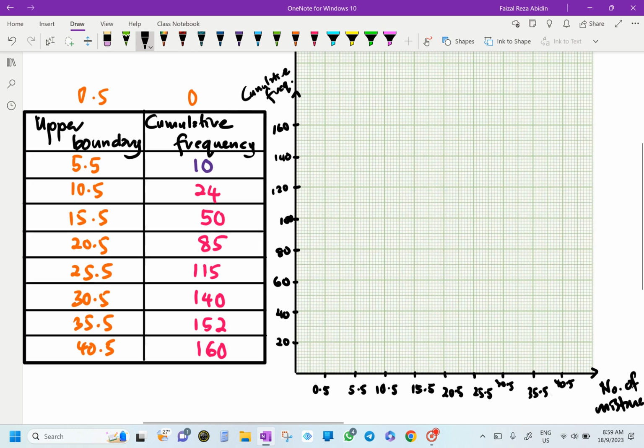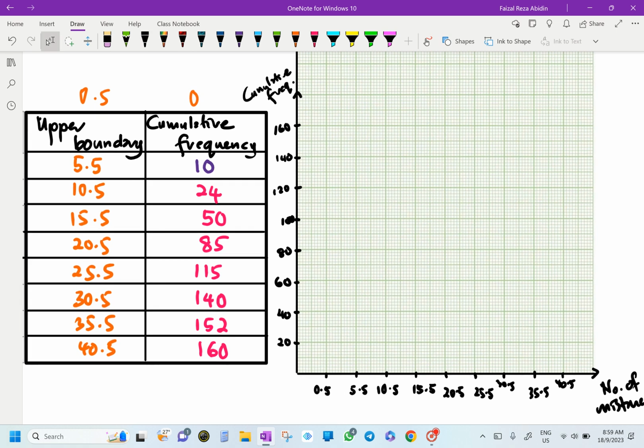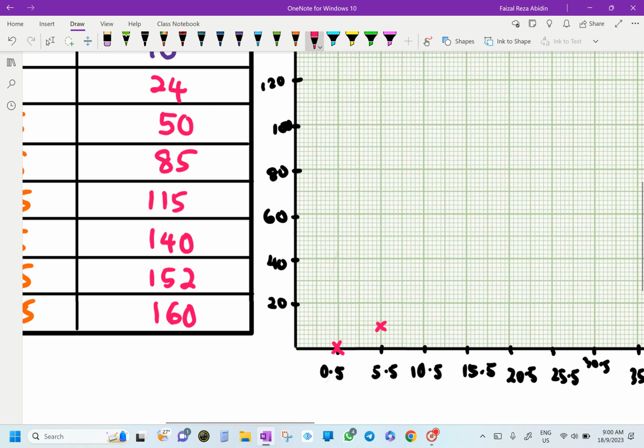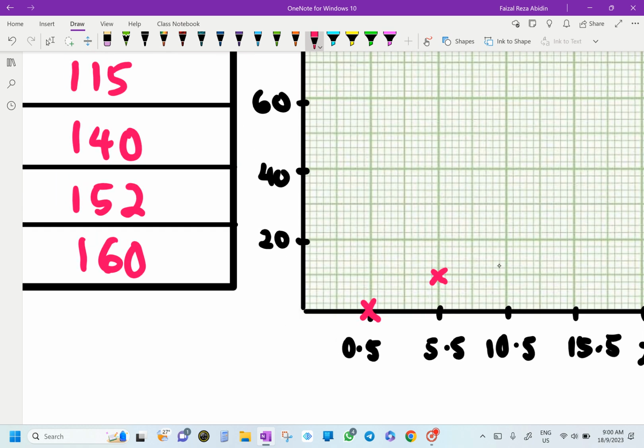Okay, next, what we are going to do over here, we are going to plot. So first thing first, 0.5, we are going to start with 0. 5.5 is going to be 10, so it's going to be in the middle here. 10.5, 24. Where is 24? If 5 is going to be 10, it means that 1 square is going to be 2. So 24 is going to be 2 boxes over here.